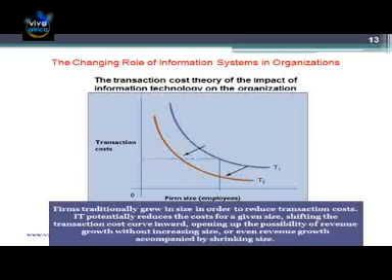Now, from a transaction cost theory perspective, transaction cost theory tends to characterize the cost of participating in a market. Traditionally, transaction costs say that firms have to grow in size in order to reduce their cost of participating in the marketplace. However, with information systems, firms may be able to deliver the same products or the same output without necessarily increasing in size.